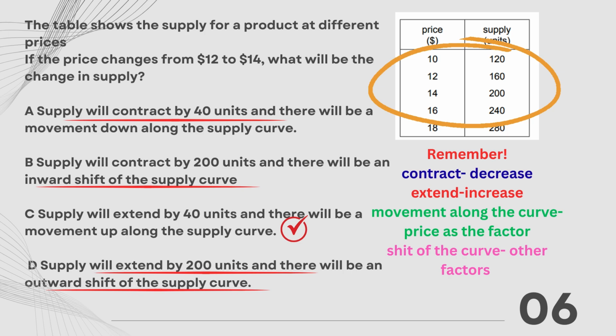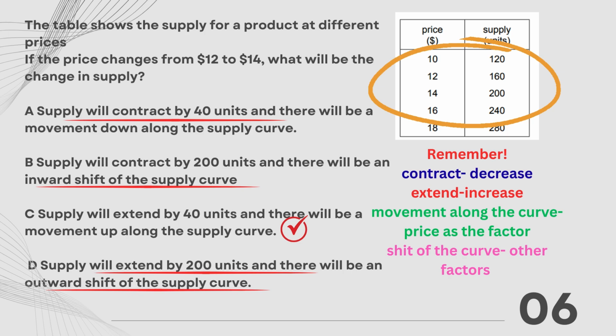So there's no shift, because in the text itself, it's only the supply and the price. It's not the supply and the technology, or the cost, or the other factors. So it's just between the price and the supply. There's no shift, there's only movement along the curve.